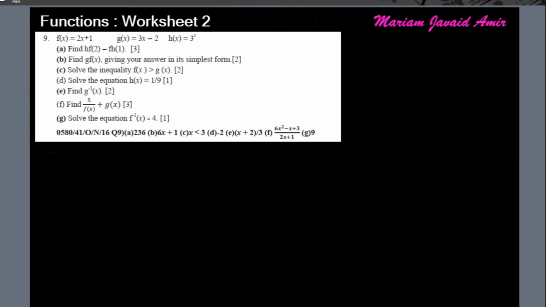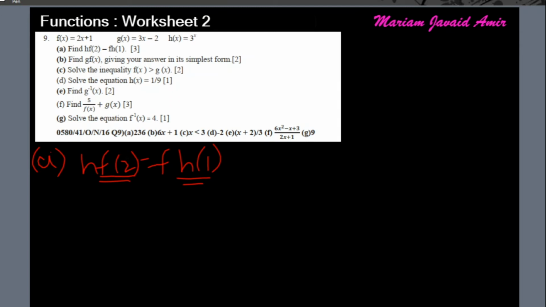Question number 9. Part A. h(f(2)) minus f(h(1)). So let's find this f(2) first and then we'll find h(1).